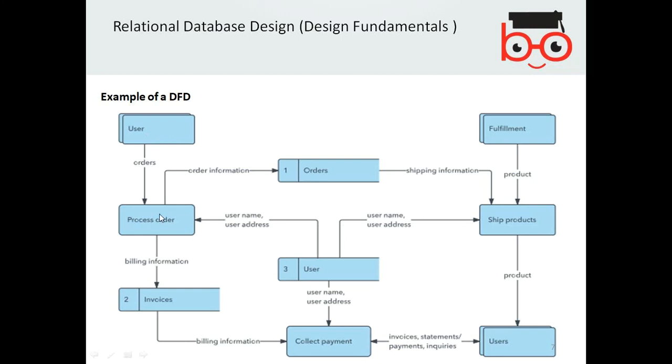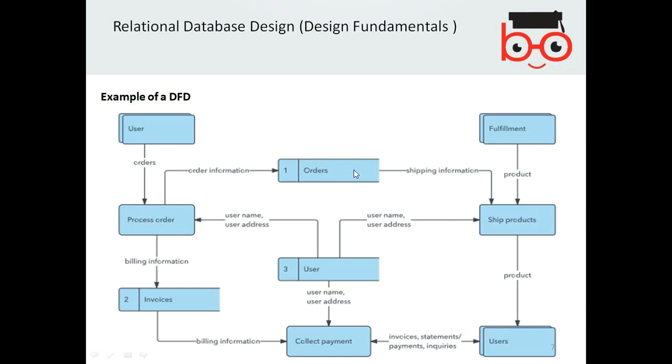From the user, the flow would proceed initially into the process order. The user would be interested in processing an order, so initially it would start with the process order.